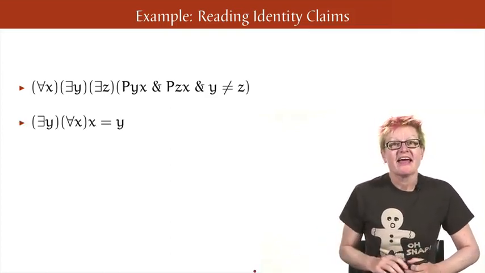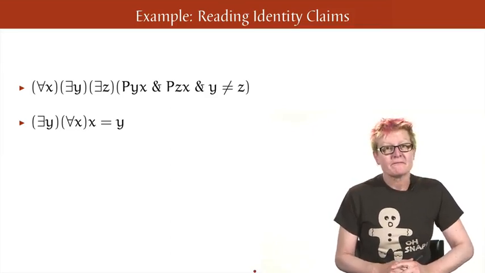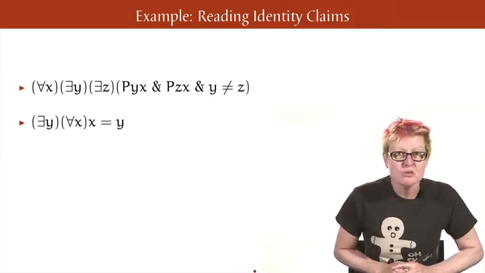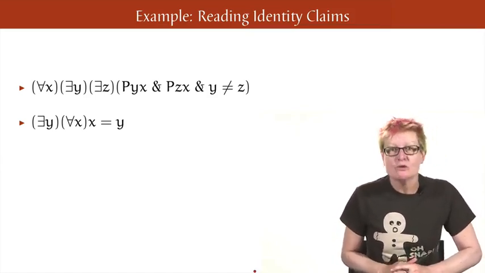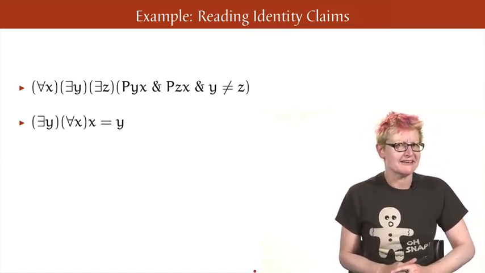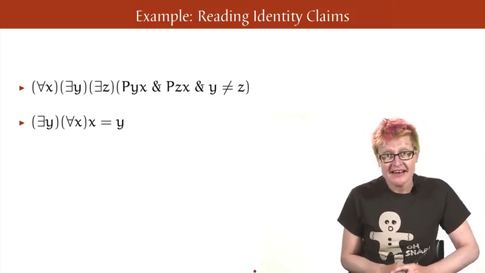Okay, next one a bit trickier. The formula: there exists Y such that for all X, X equals Y. What does this say? Well, start with the main connective and work away.